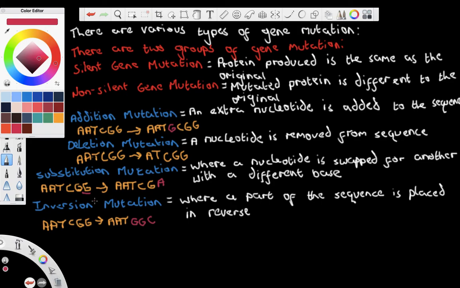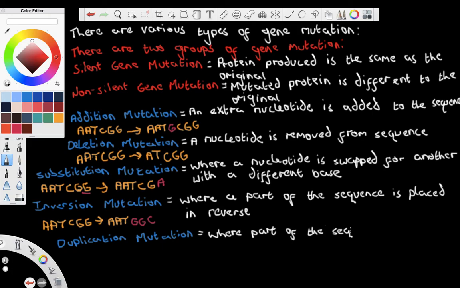The final bit is a duplication mutation. And we can say with a duplication mutation, part of the sequence is placed in twice.